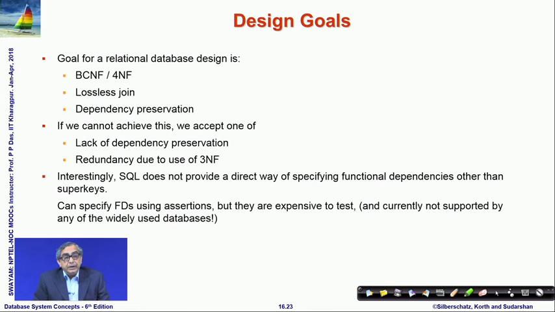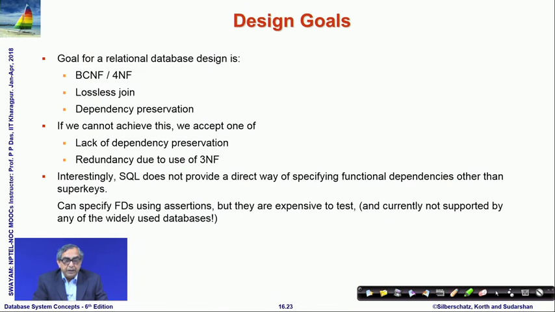Now, at this point you must note that SQL, the language in which we are doing the creation, the update and the query processing, does not provide any direct way of specifying or checking any dependency other than the functional dependency that checks the super key. Super key is the only functional dependency that SQL would check.